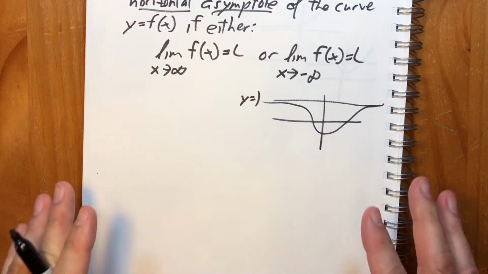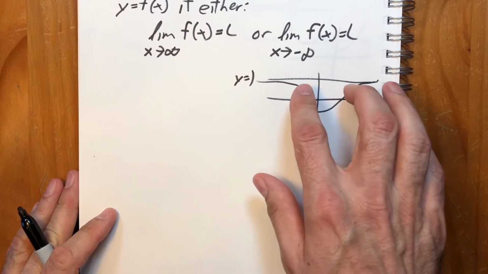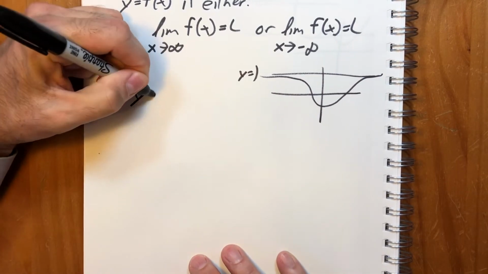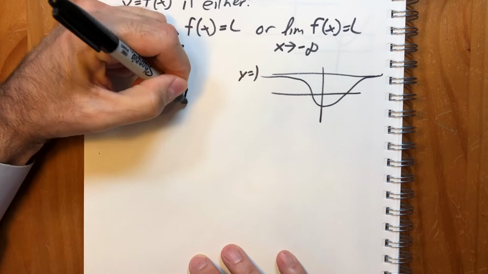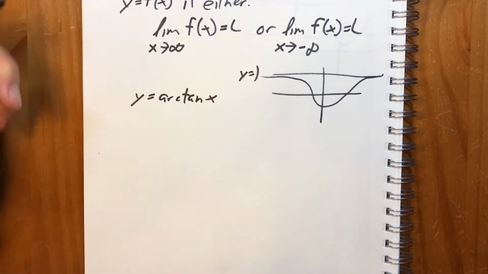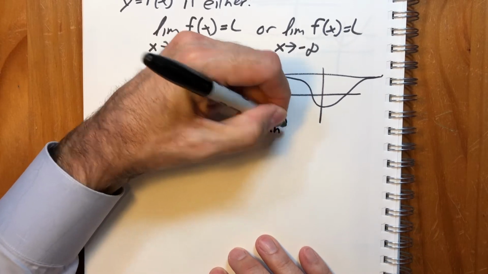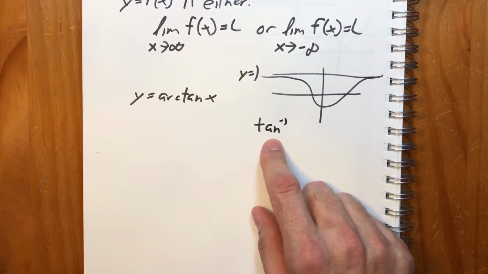So it's actually possible for a function to have two horizontal asymptotes. For instance, y equals arctan x. Quickly, of course, a lot of books use tan minus 1, and this is fine.